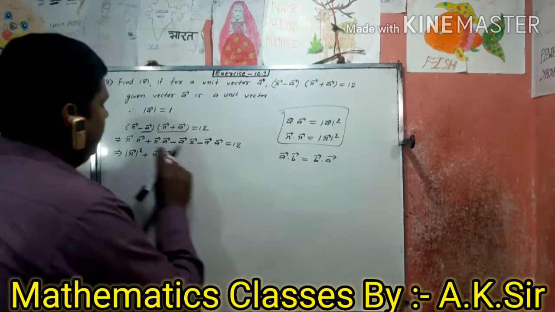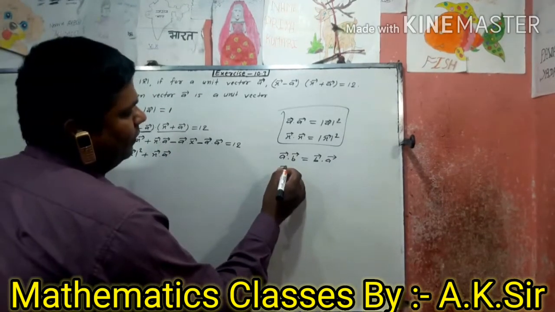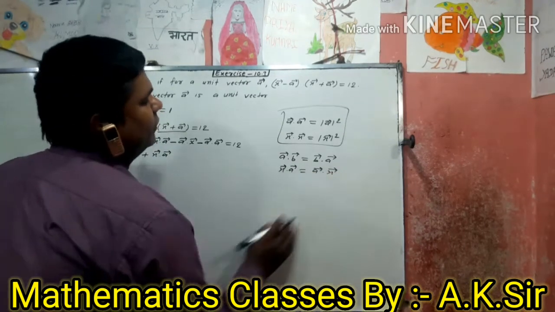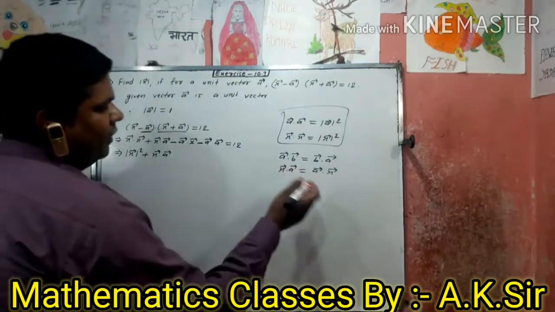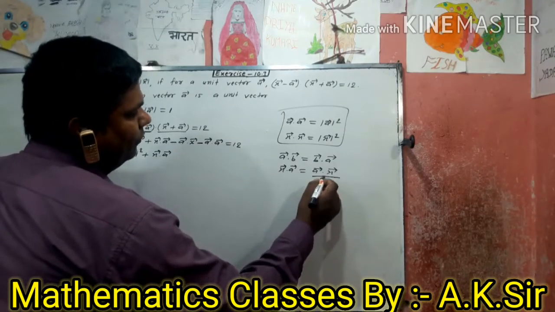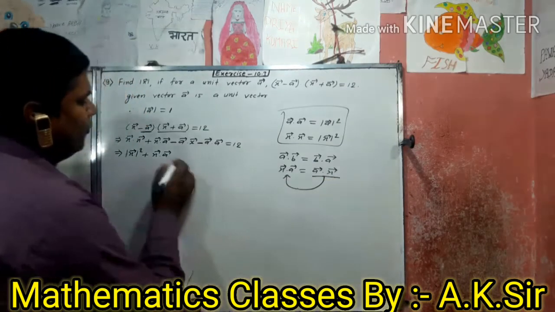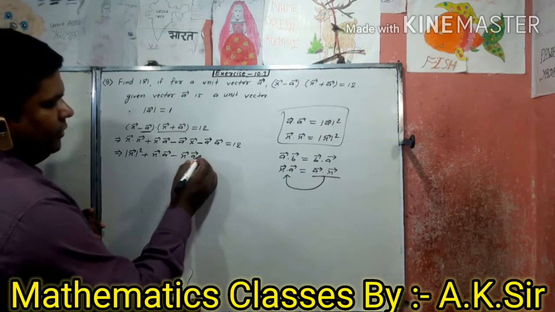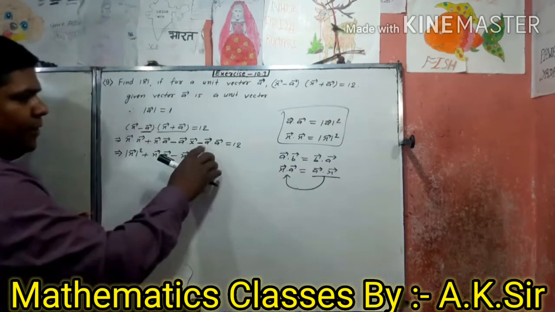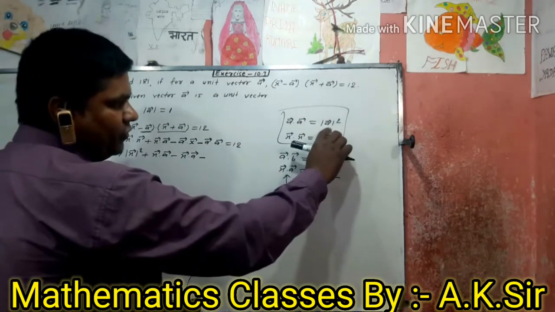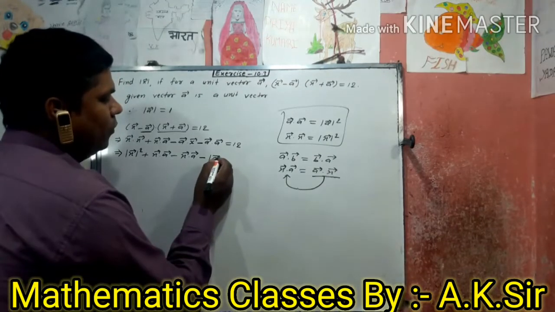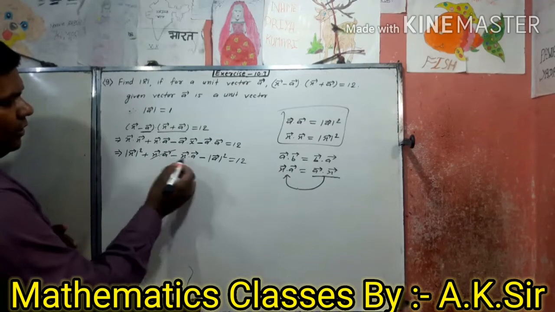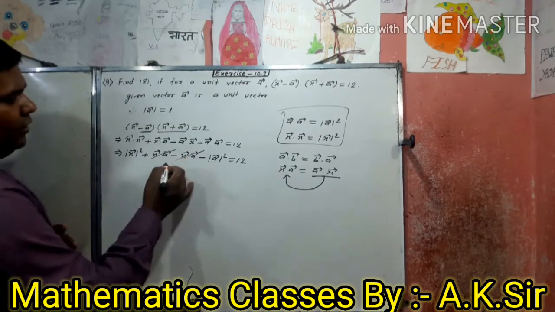It means here the given x vector dot a vector is equal to a vector dot x vector. It means we can write in place of a vector dot x vector, x vector dot a vector, minus a vector dot a vector is equal to magnitude of a to the power 2 is equal to 12. Here x vector dot a vector minus x vector dot a vector cancel.